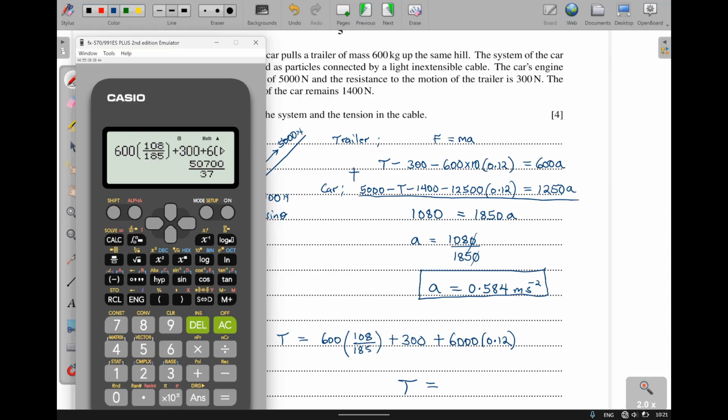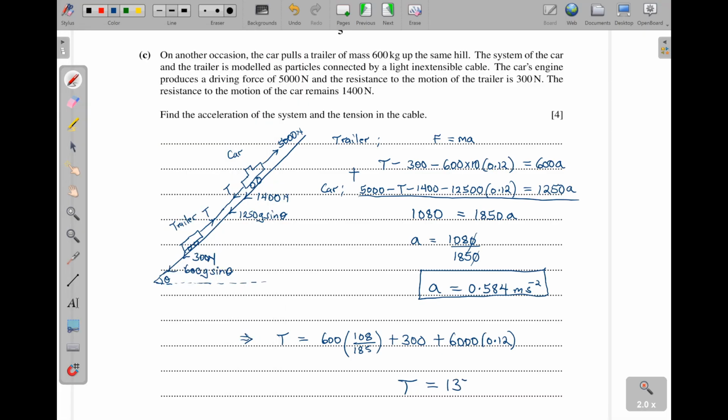To three significant figures, it will be 1370 newtons.